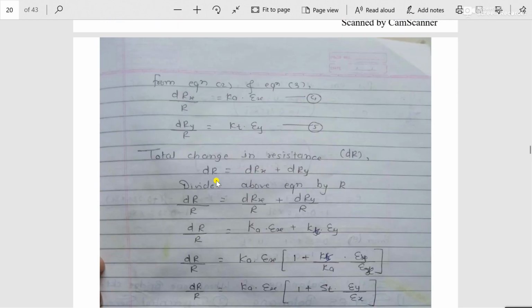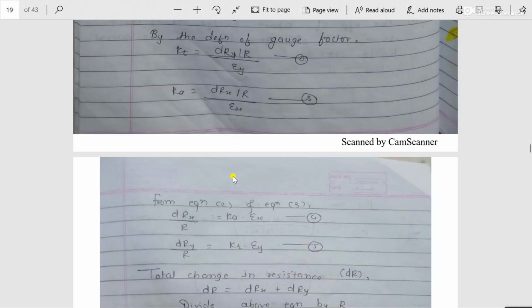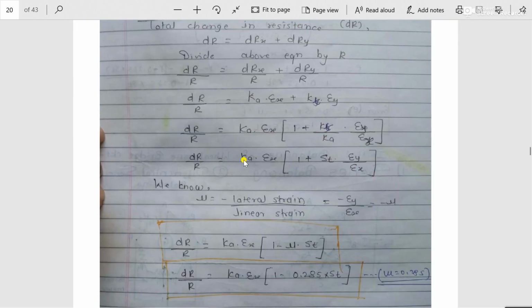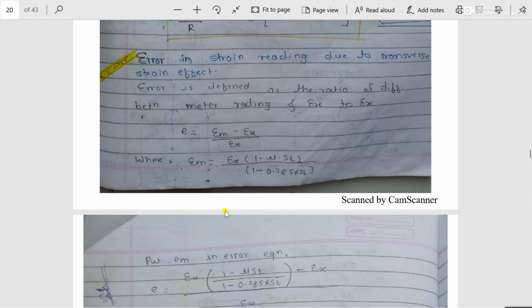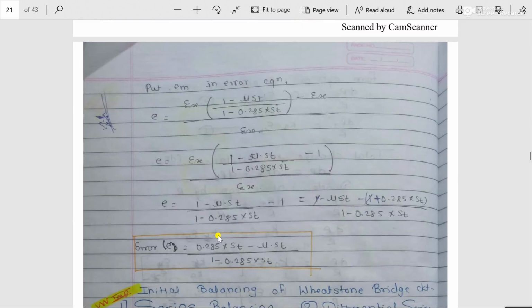That detailed explanation and derivations we have discussed in the first part, and for the error calculation also we have derived a small formula, and from that formula I can calculate the error induced in the meter readings or in the strain gauge application. So this is about the transverse sensitivity and the cross sensitivity which we have to consider in strain gauge applications.